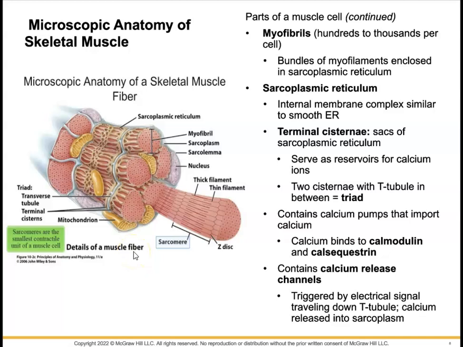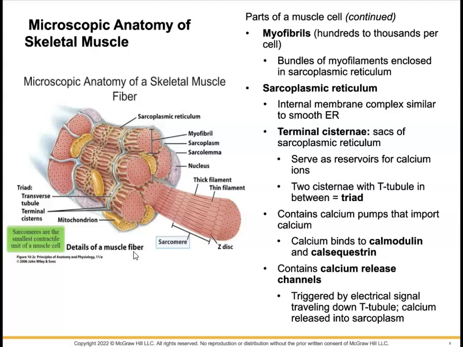The calcium that's stored in the sarcoplasmic reticulum is bound to calmodulin and calsequestrin. So think about that word, calsequestrin. What does it mean to sequester? To keep in place. So these bind to the calcium and keep it contained within the sarcoplasmic reticulum.